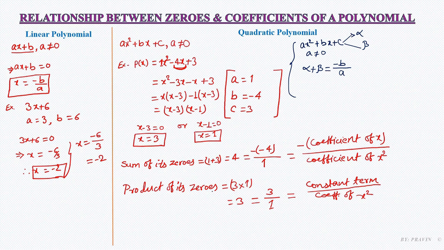Similarly, the product of its zeros, alpha into beta, is equal to the constant term divided by the coefficient of x square. The constant term here is c, and the coefficient of x square is a, so c by a. So in general or in short, you can remember this to directly find the relation between zeros and coefficients of a quadratic polynomial.